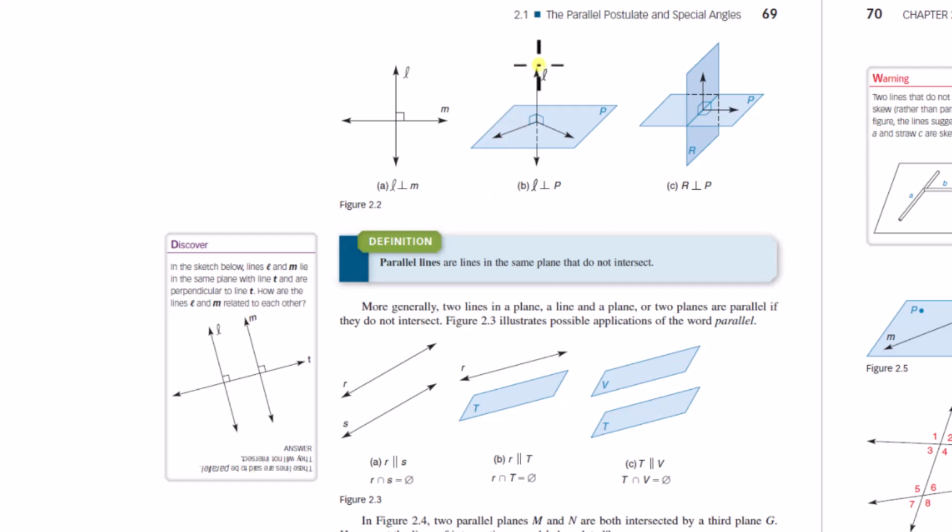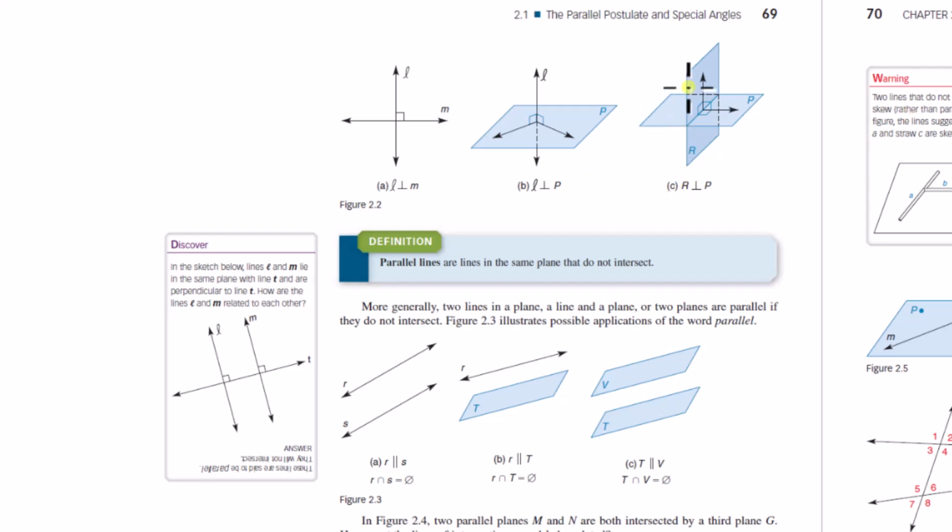So line L is perpendicular to plane P in this case, and the way you can think about that is a plane contains an infinite number of lines, right? Ignoring any lines within plane P that are skew to line L, because then it's not really relevant, as long as they're not skew to line L, then any line in plane P is going to be perpendicular to line L. And that's the idea of how you can think about line L being perpendicular to plane P.